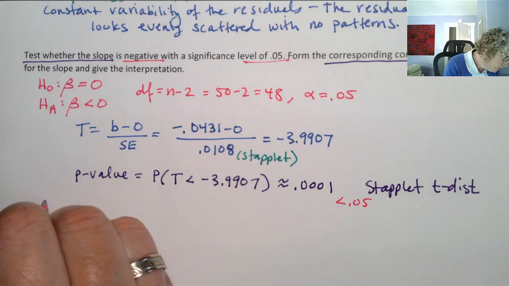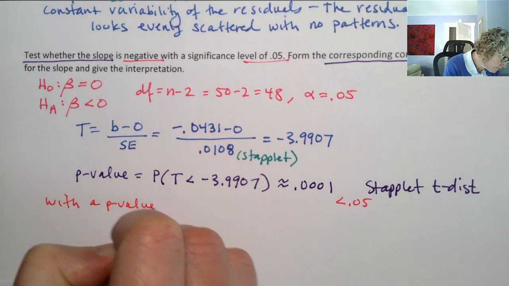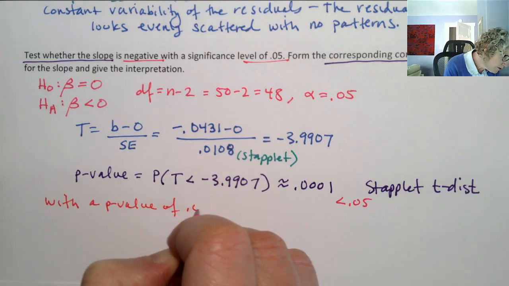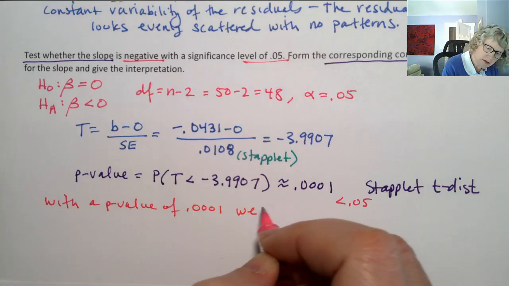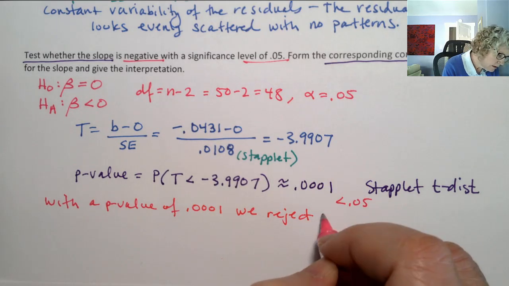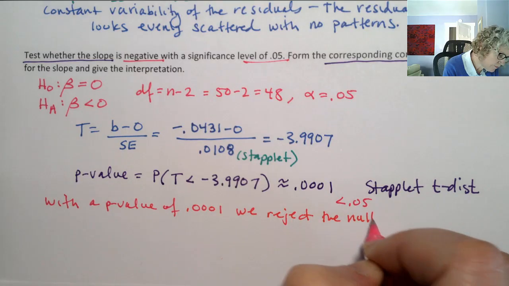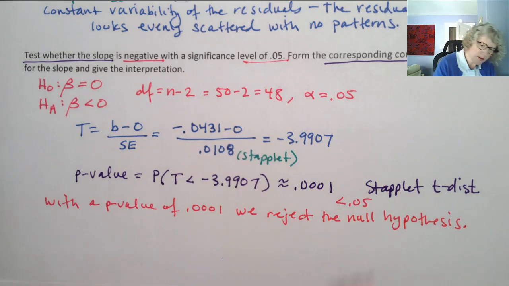With a p-value of 0.0001, and you're really good at this, at this point, we reject the null hypothesis. So you could even pause and try writing it out yourself.